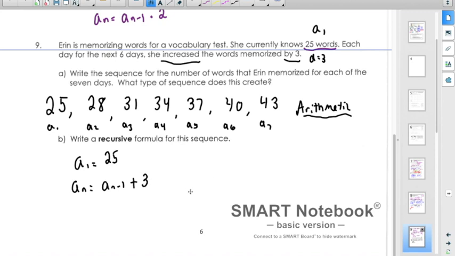Okay? And again, all this is your previous term. And just to be safe, if I wanted to find the second term using my recursive formula, a sub 2 means I'm going to take my previous term, which was 25, and add 3 to it, so I would get 28 as my second term, which matches up to what we got up here.